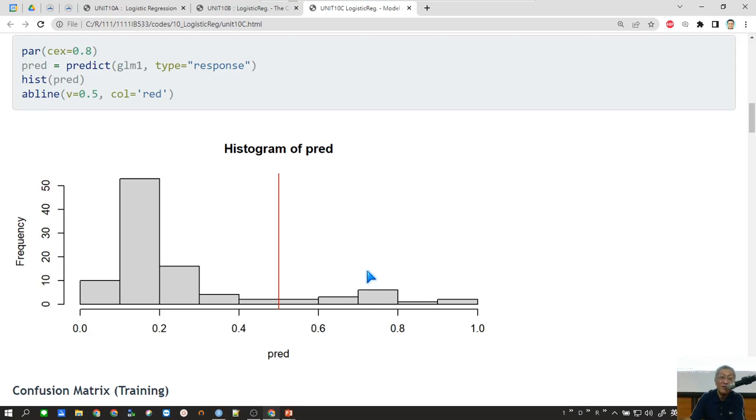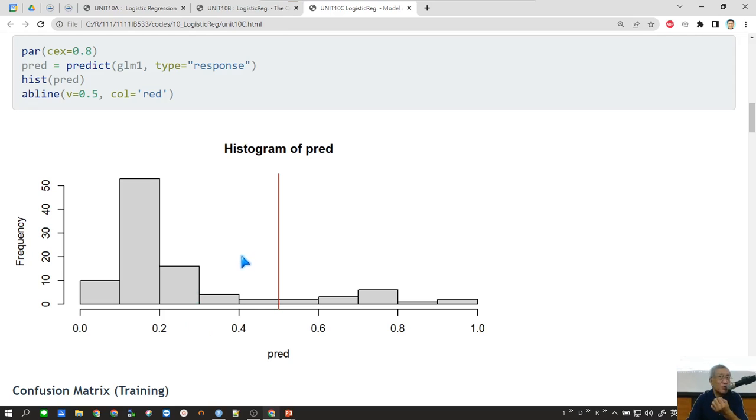And the data points here are less likely to be 1, so they are more likely to be 0. So traditionally, there is a cutoff threshold set at 0.5. The data points here will be predicted as y equal to 1, they are more likely to be 1, and data here are more likely to be 0.